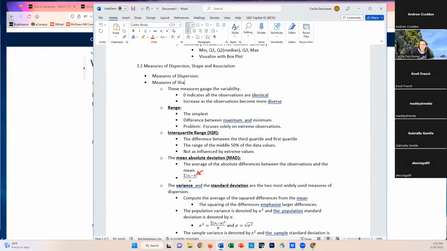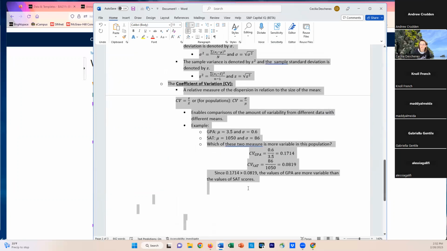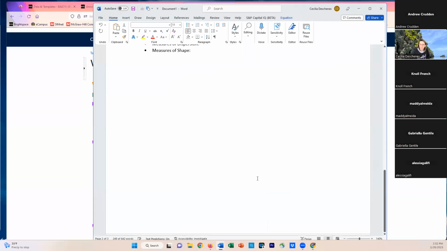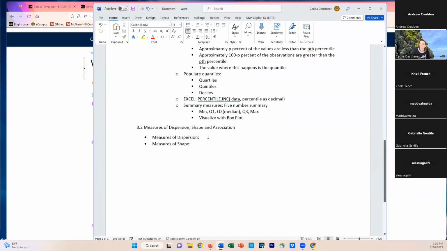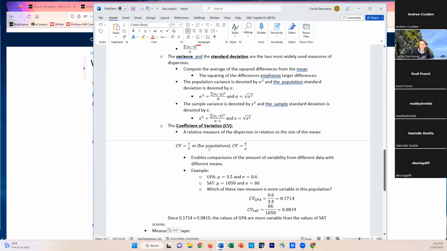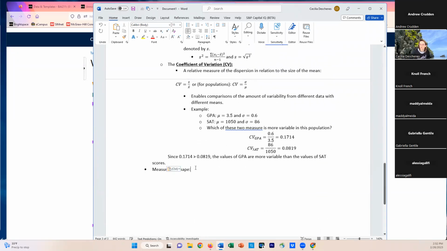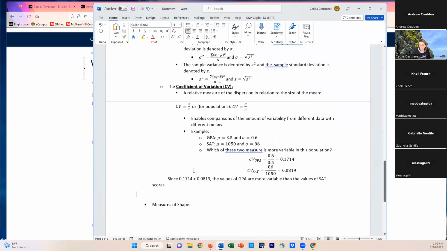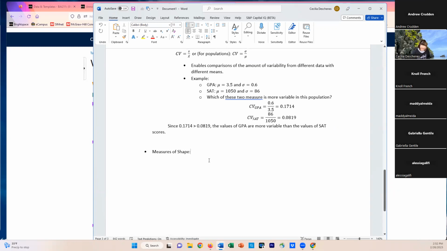If you're just taking notes, don't worry about this part. Then I'm going to take everything below it and cut it, come back up here and paste it in. That way I can now have my measures of shape bulleting in Word go back to what I want it to be.